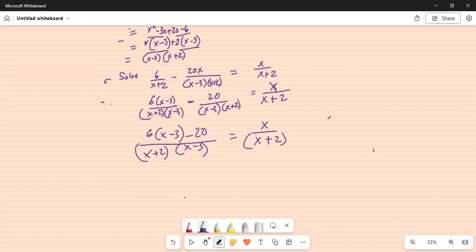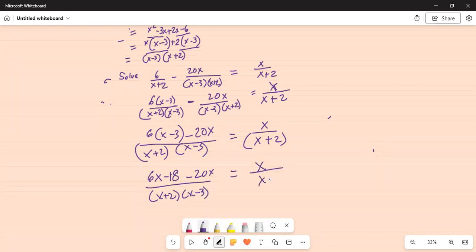Now I will distribute the 6 in the numerator on the left-hand side. So 6x minus 6 times 3 is 18, minus 20x, divided by x plus 2 times x minus 3, is equal to x over x plus 2.